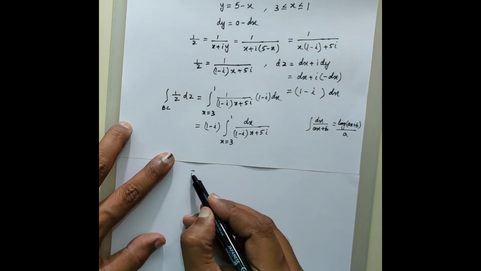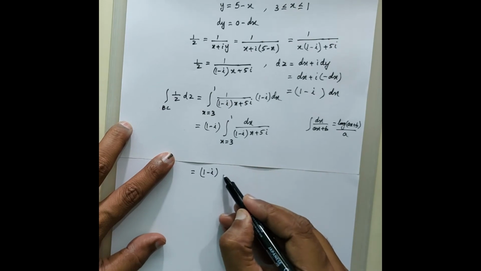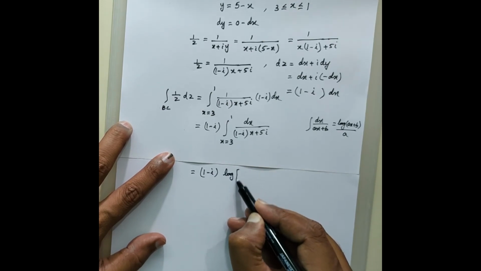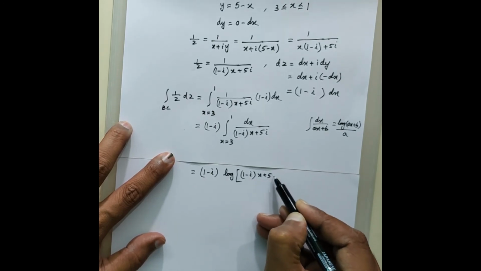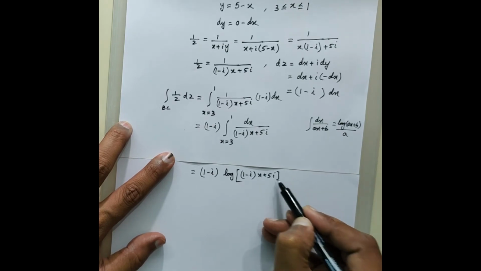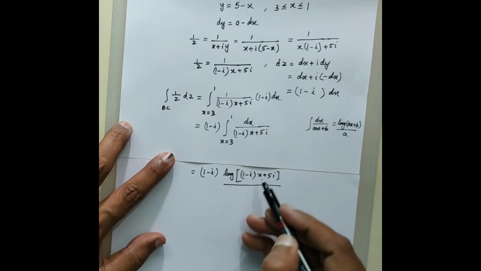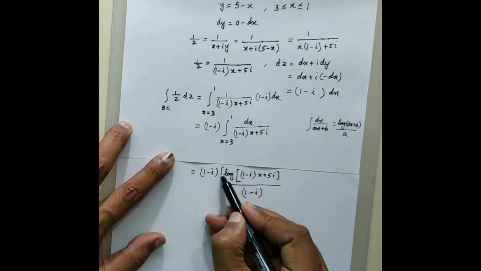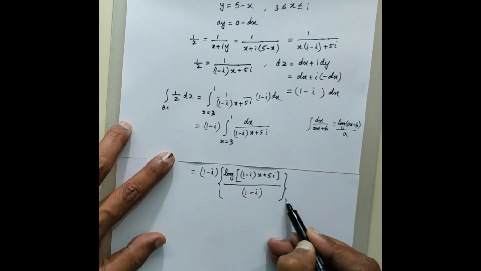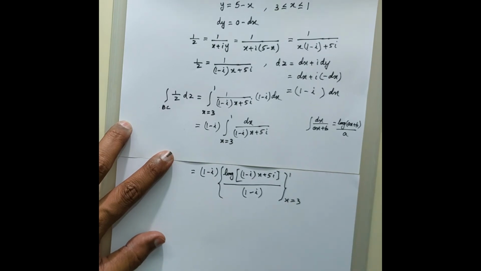So now 1 minus i, the constant as it is. Now the formula will be log of (1 minus i) times x plus 5i, this whole divided by the coefficient of x, which is 1 minus i, with limit values for x from 3 to 1.